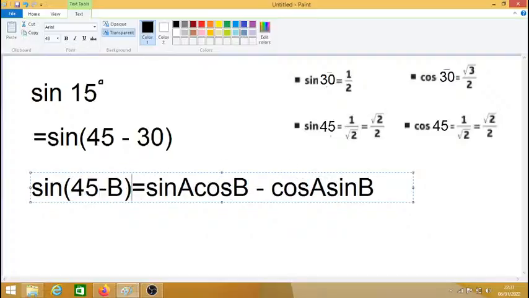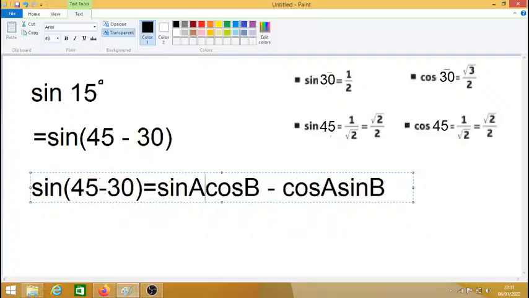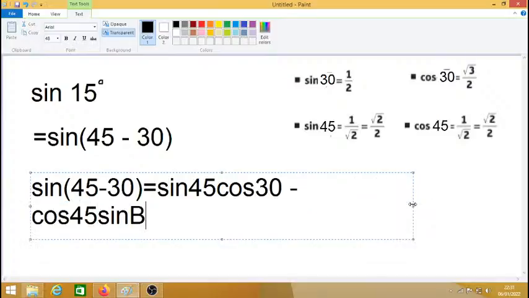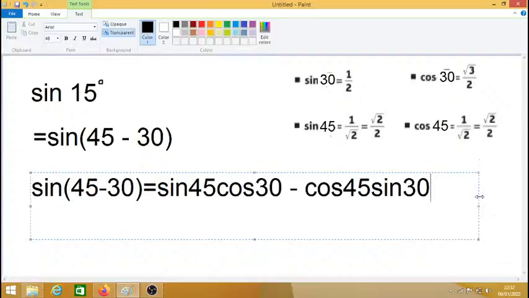So I'm using 45 and 30 to end up with 15. So 45 and 30, and then this time it's 45 and 30 again. And now let's put the values in.